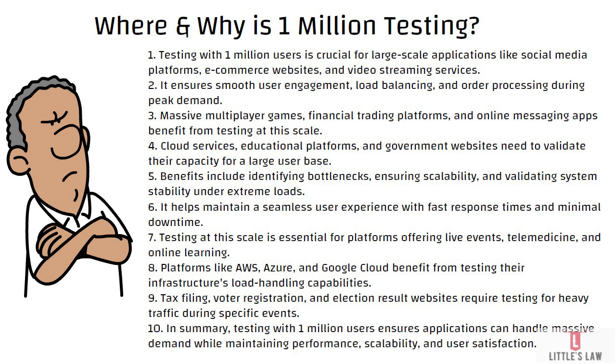Financial trading platforms must handle a huge number of concurrent users during market fluctuations. The main objective of testing 1 million users in financial services is the transaction. The banks and payment gateways need to process a large volume of transactions without delays or errors.